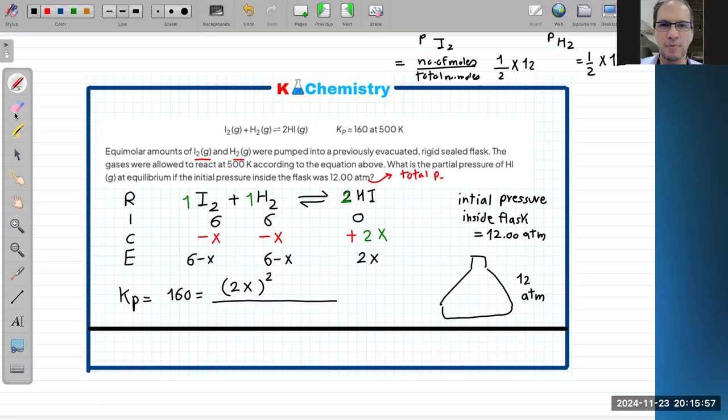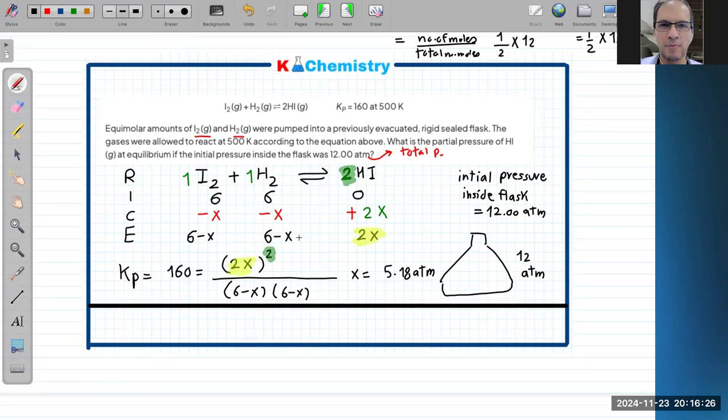So this is 2x squared, divided by 6 minus x multiplied by 6 minus x, which is actually 6 minus x squared. Again, I can go to the calculator, or I can find manually that x is equal to 5.18.